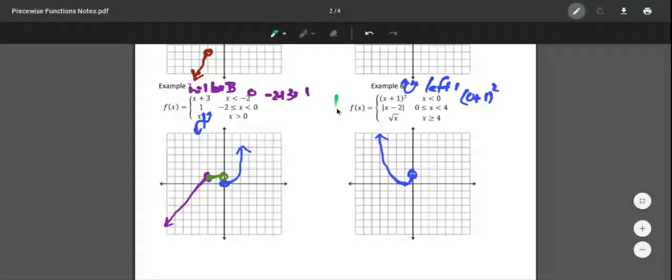This is the absolute value graph, so that's the V graph, right? This is shifted to the right 2. So if I plug in 0 here, the absolute value of 0 minus 2 is 2. So at 0, it's 2.